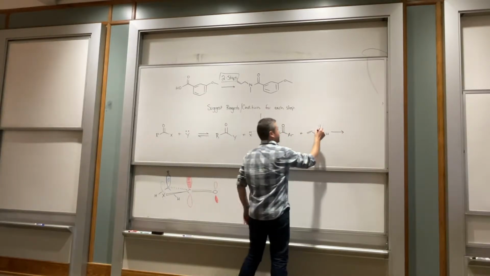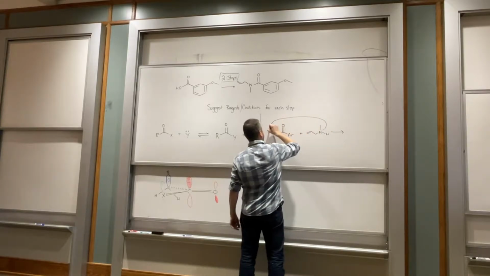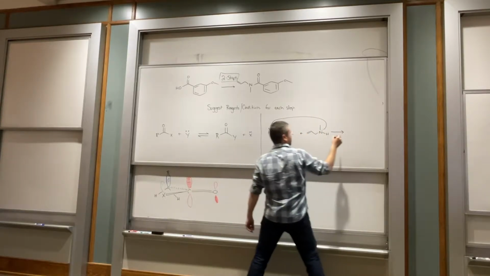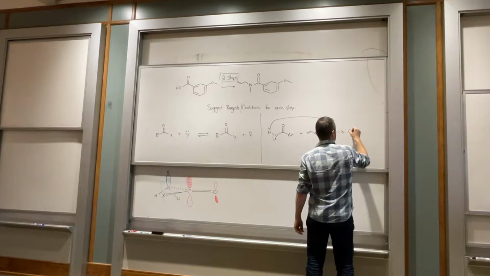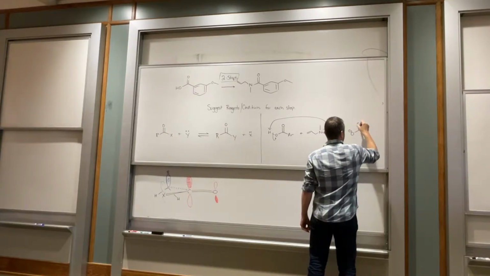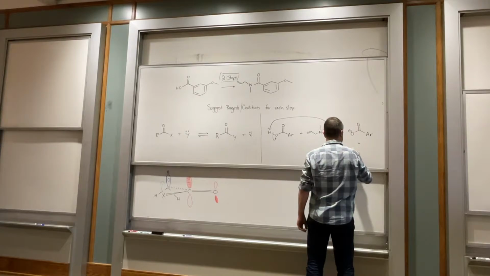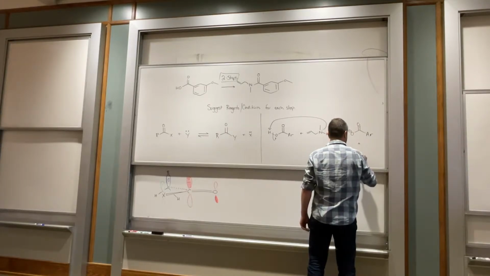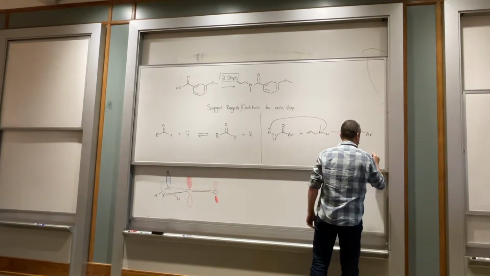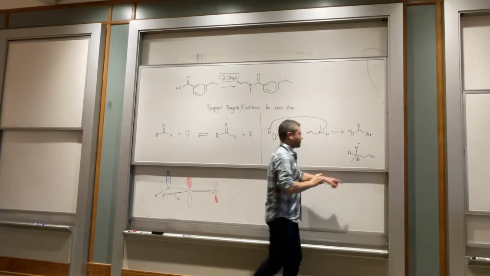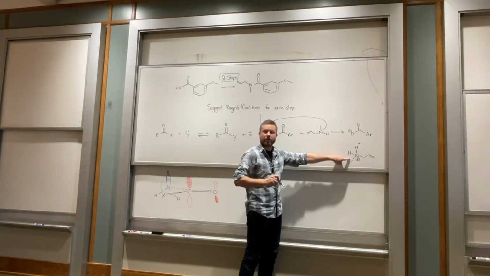And amines are pretty good bases, so we would expect this amine to pull the proton. And that's going to give us an ammonium salt, or ammonium cation.